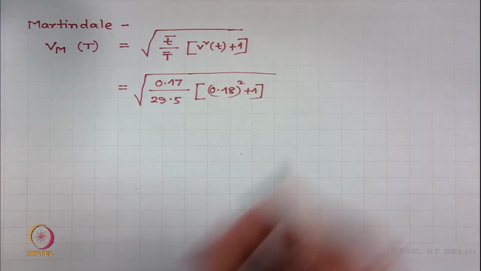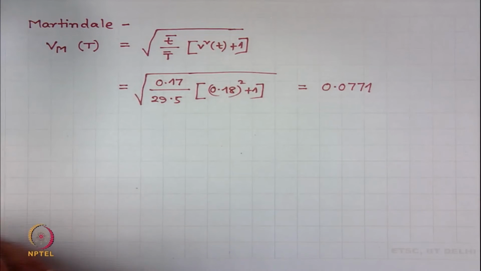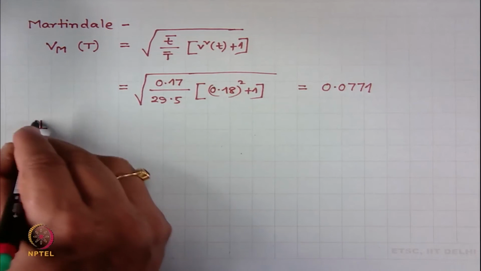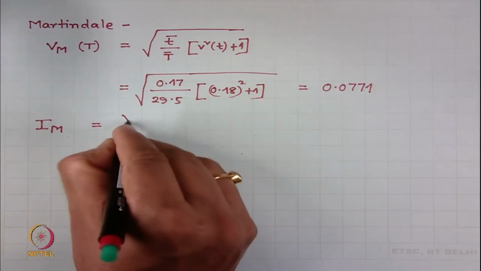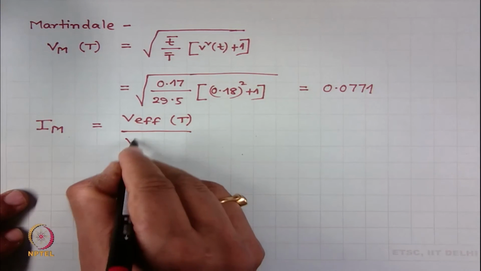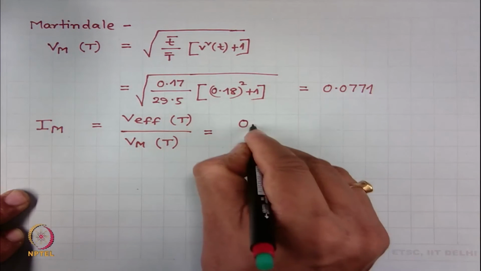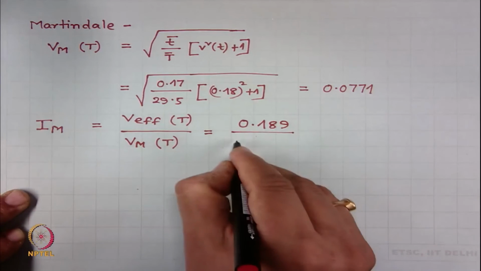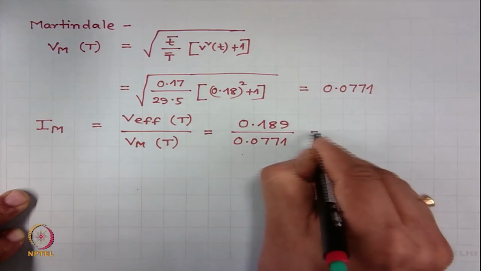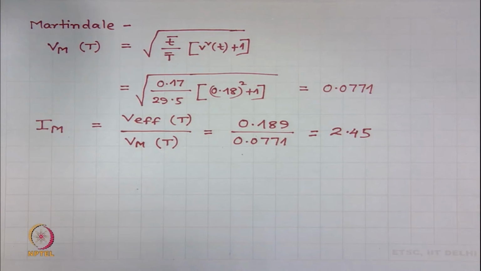Okay. So, this will lead to 0.771. Then index of irregularity using Martindale, 2.45, significantly higher than 1.